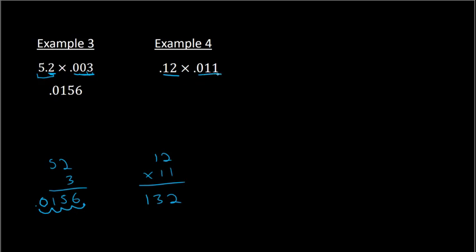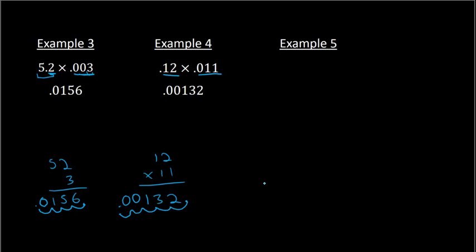Here we have 3, so that's a combined total of 5 digits. So we move the decimal point 5 places from here to the left. So 1, 2, 3. We need to move it 2 more places, which means we need to put 2 zeros in the front, and the decimal point goes right there. So our solution would be 0.00132.